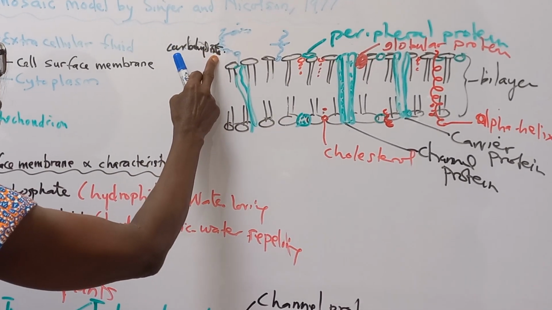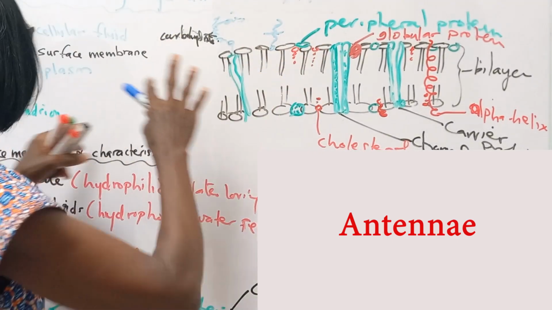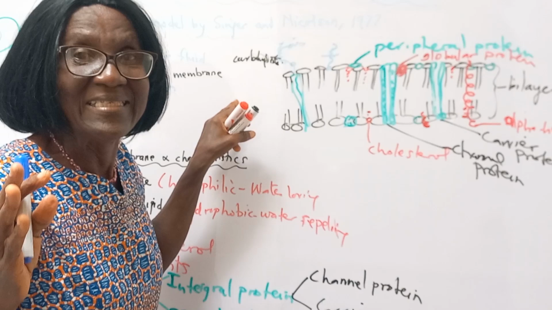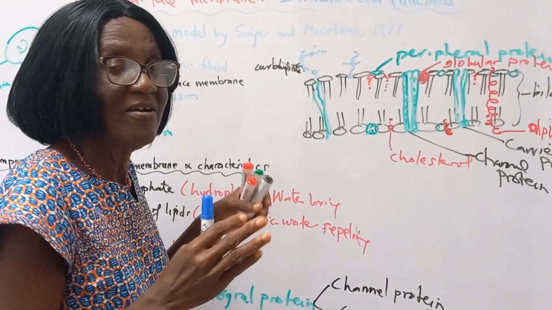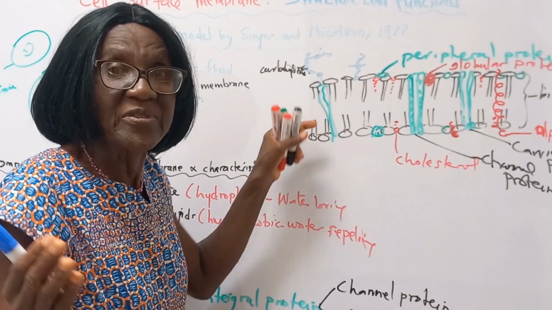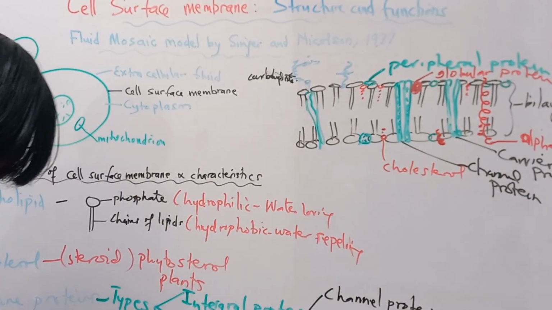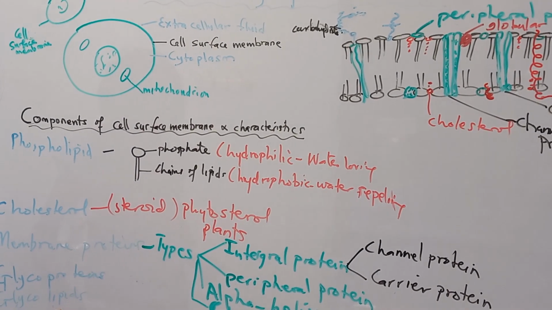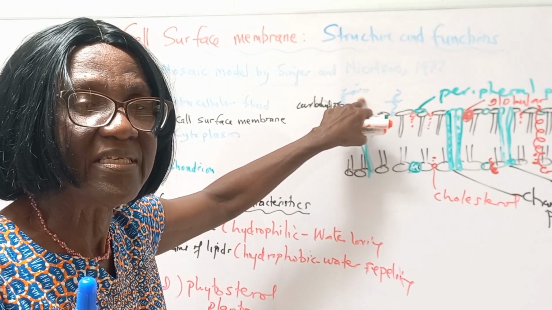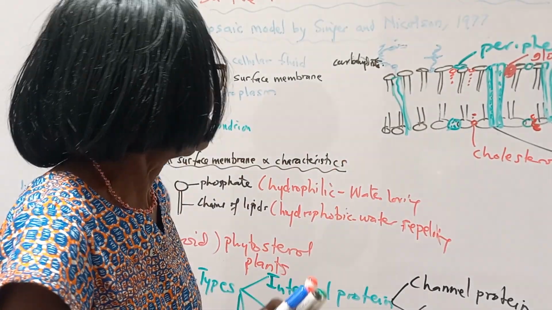So glycoproteins and glycolipids form some kind of antennae on the surface of the membrane, watching so that they can protect the cell from non-cell things, and also they help similar cells to stick together to form tissues. That's the function of glycoproteins and glycolipids. They notice cells and bodies that are foreign and work with the immune system to protect the cell.